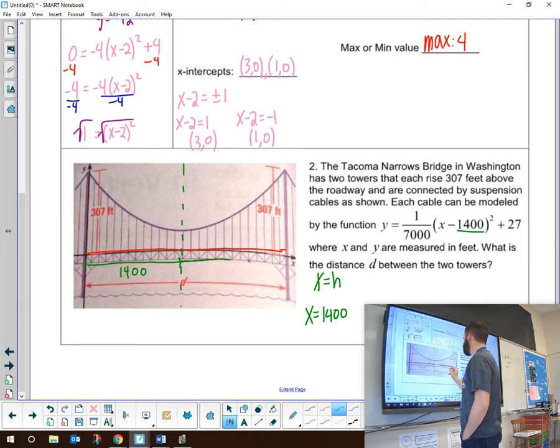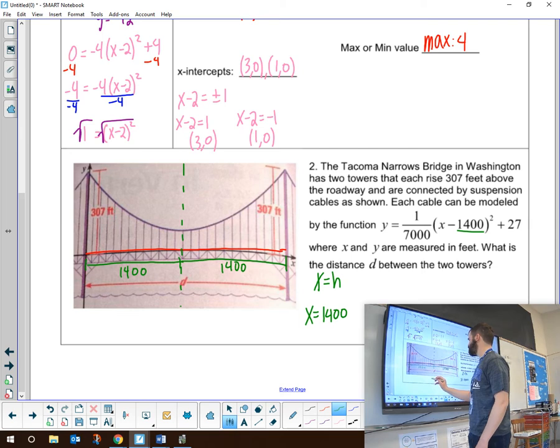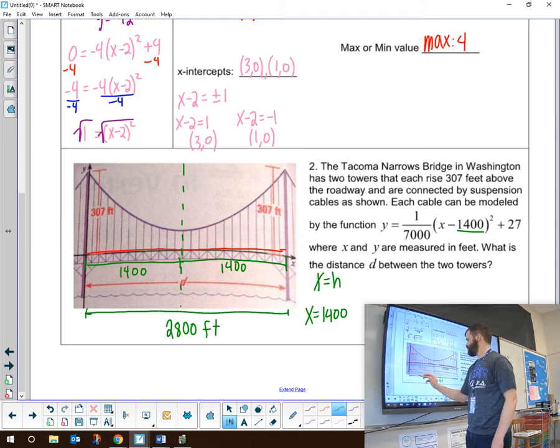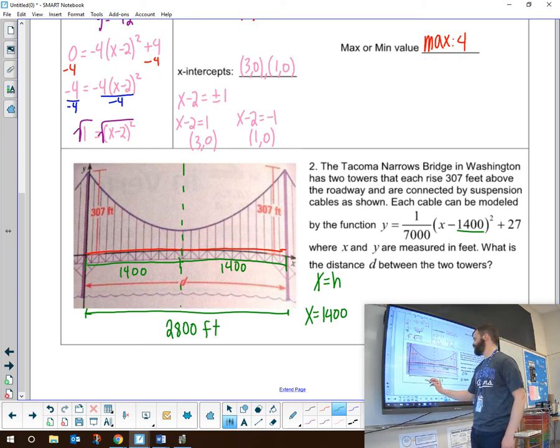So it stands to reason that that same distance here is also 1,400 feet. So how long is the distance between the two? Oh, that's simple. It's just going to be 2,800 feet from this end to this end. Okay? So there's our distance d. d equals 2,800 feet. All right?